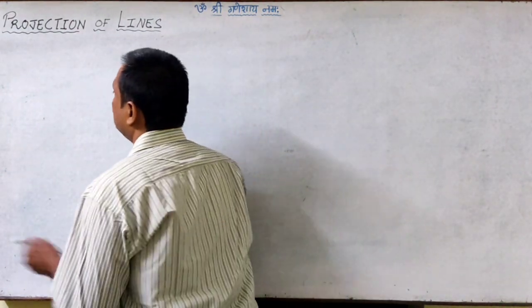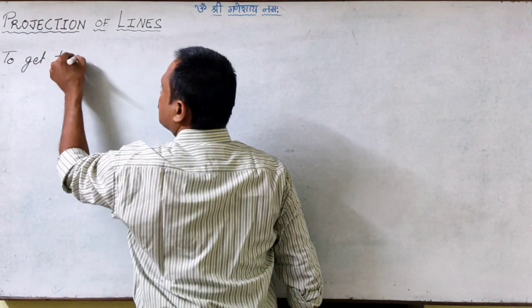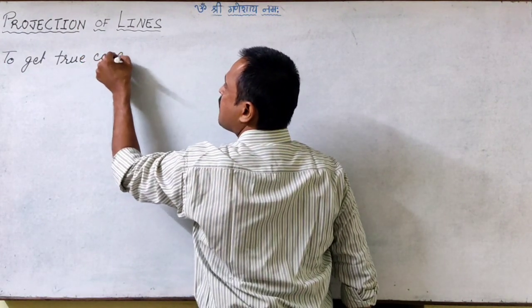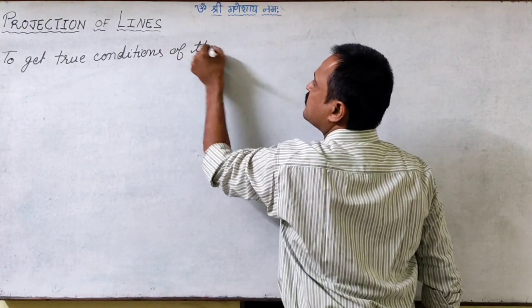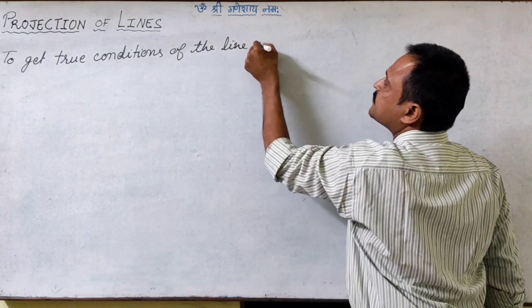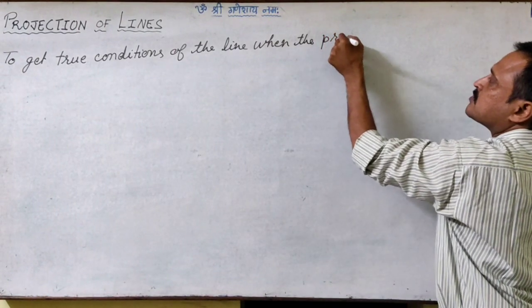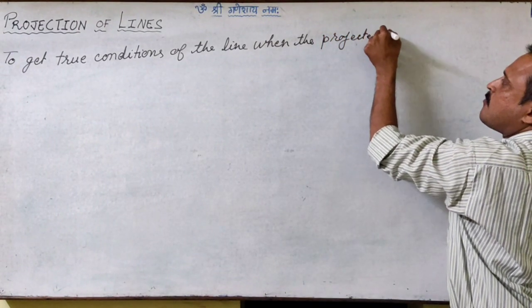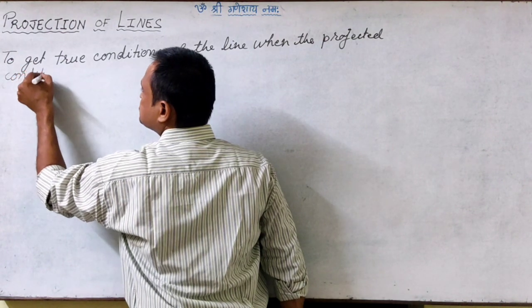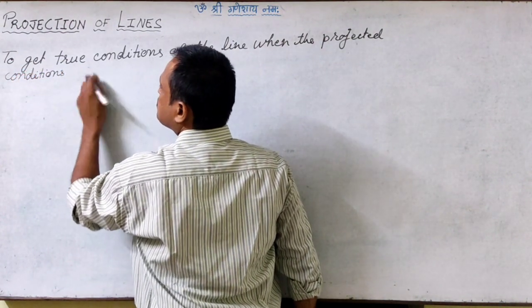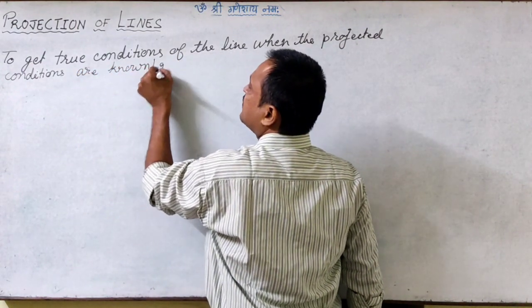So what we are trying to do right now is to get the true condition of the line when the projected conditions are known or maybe given.